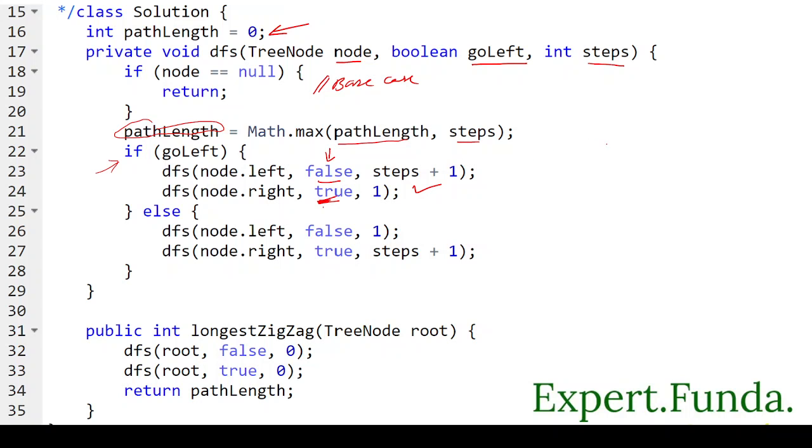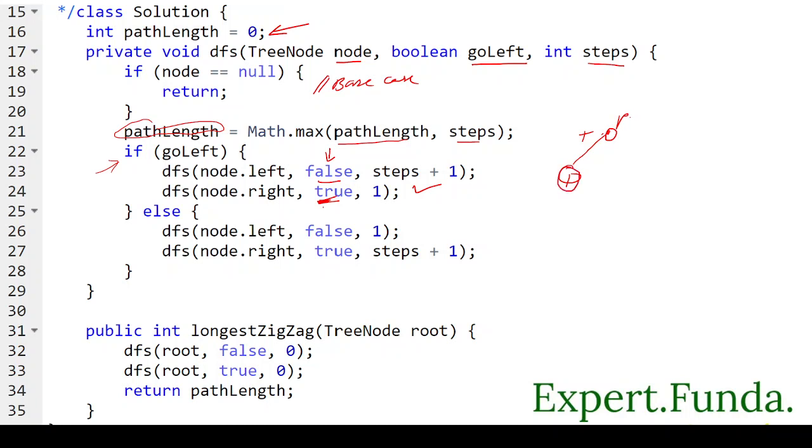Make sure that we already know we are at the current position. From the current position, if we are going this way, it means this is true. Let's suppose this is the root node P, and this is your node 1.